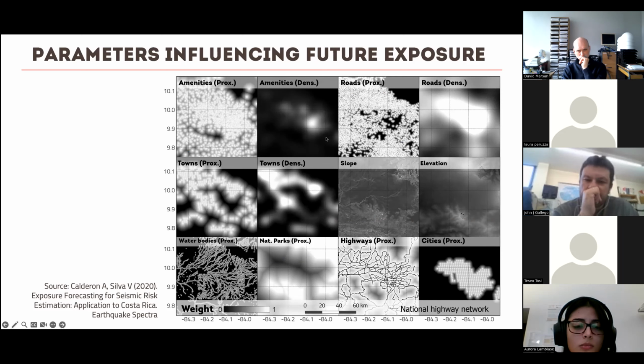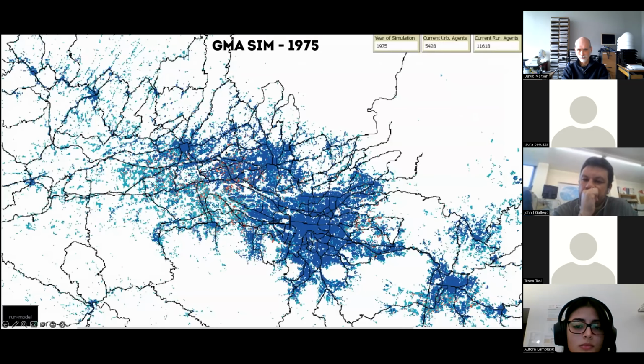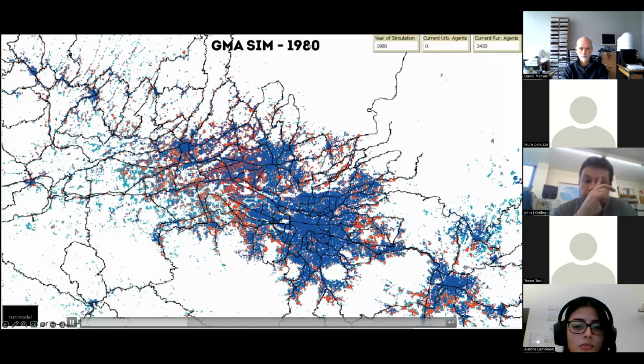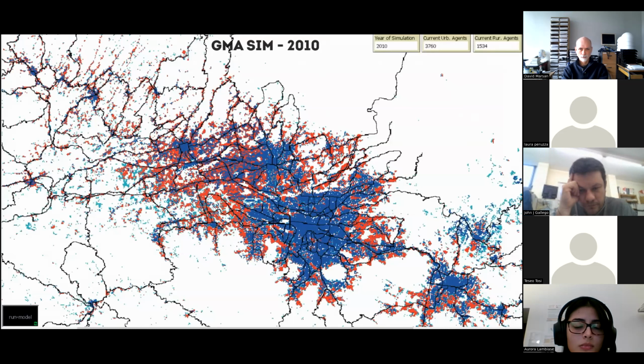And we collected all these different data sets, amenities, proximity to schools, hospitals, proximity to roads, to water bodies. And what we did was to train models, okay? If you look here at the top, you can see the year. We train different models, either machine learning or agents, to learn from processing all the satellite images throughout the years. This is the greater metropolitan area of San Jose in Costa Rica, okay?